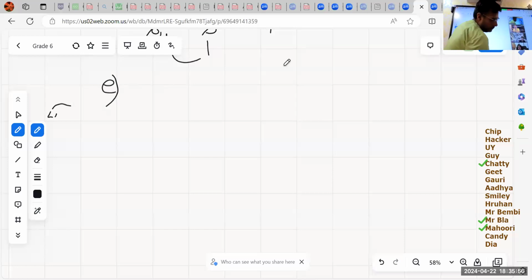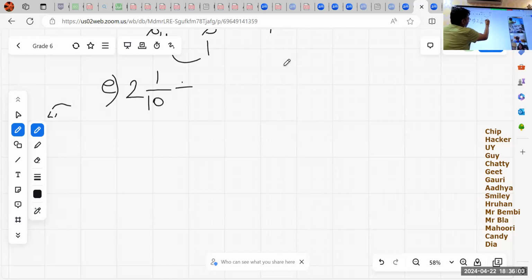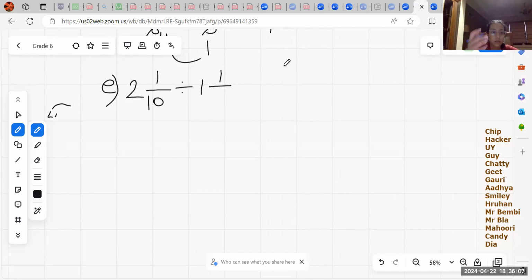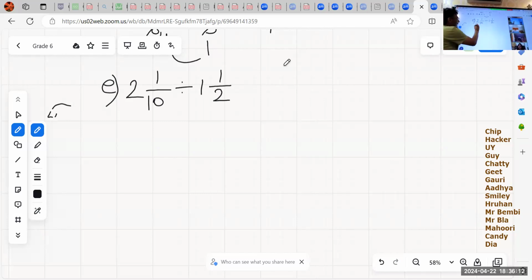Next. Sir, I hope it is 2 1 by 10. Geet, you understood your mistake? Yes, sir. And Gauri, don't be the last person to send your answer. So Adya, once again, इसको आप improper में convert करके बताओ क्या बनेगा.